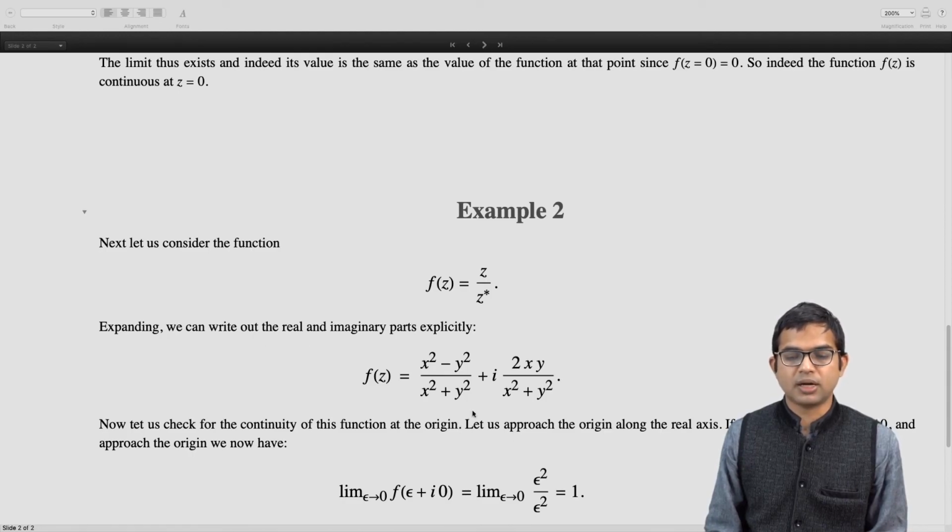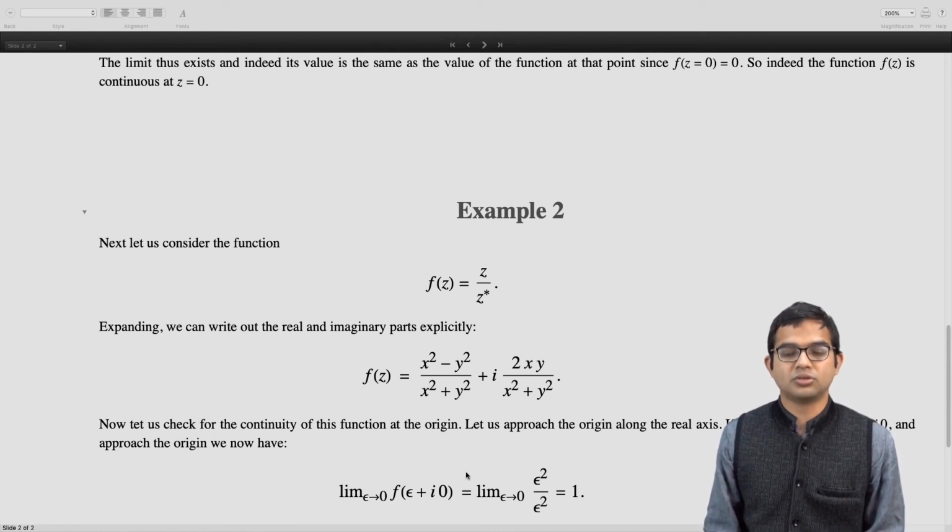So the imaginary part is just 0, so y is 0, so the imaginary part of this function immediately vanishes, and then you're just left with epsilon squared divided by epsilon squared. As you tend epsilon to 0, it doesn't matter, it's just going to go to 1.